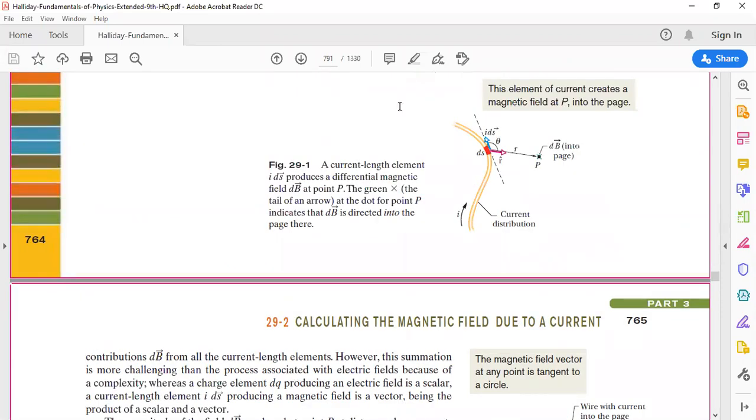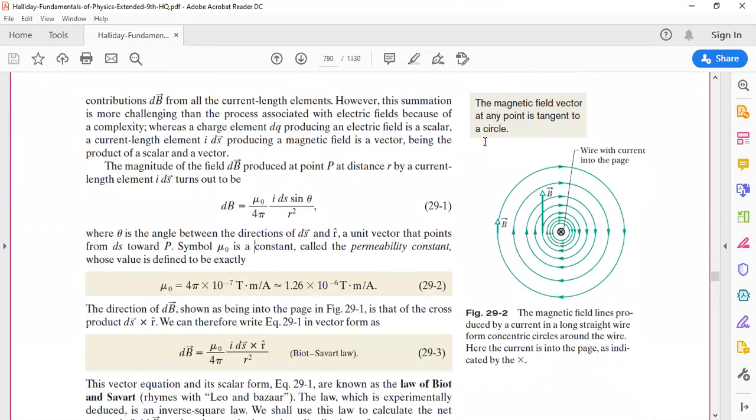According to figure 29.1, the direction of the current at this point is perpendicular, tangent to that point. I ds is a vector quantity, and when two vector quantities are involved, we can simply use the right hand rule to determine the direction of the magnetic field.